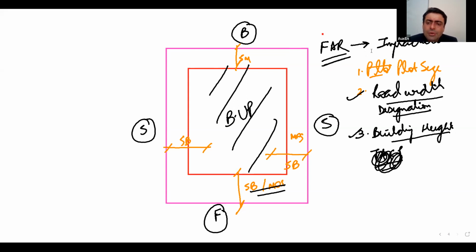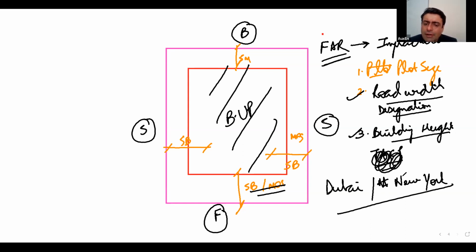On one hand, we complain that Dubai has so many tall buildings, or New York has so many tall buildings. And on the other hand, we have such impractical FAR ratios that we are not able to construct, let us say, more than G+5, G+6 in most of the cities.